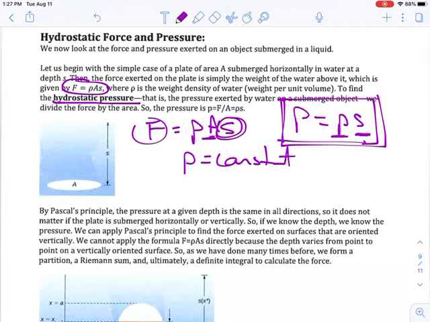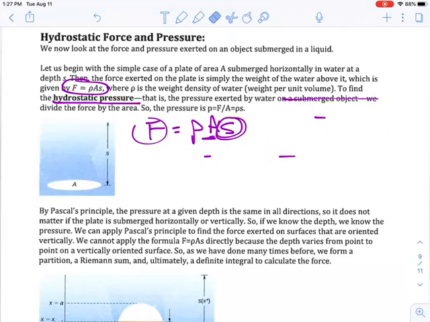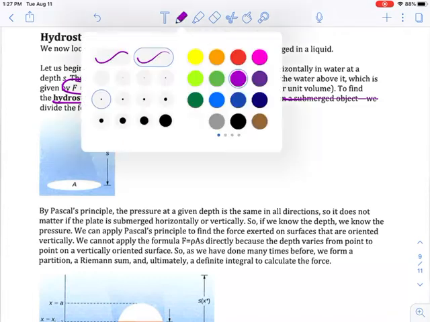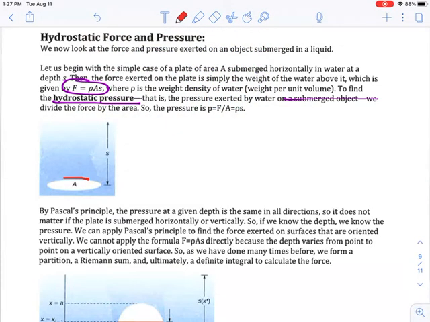If we have a circular plate, like it shows in this picture, and that circular plate is lying horizontally, and we consider there to be really no depth, it's two-dimensional, then the force, which again is the density times the cross-sectional area times the depth, is going to be a constant.